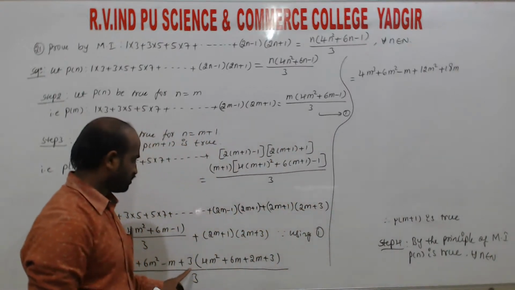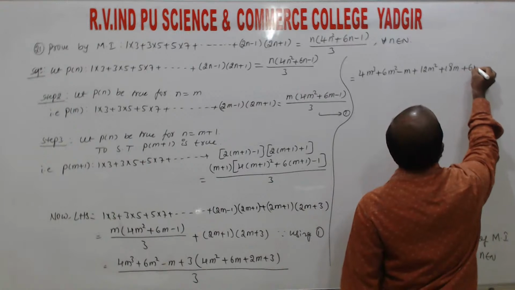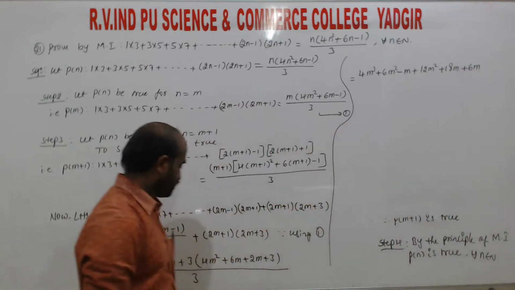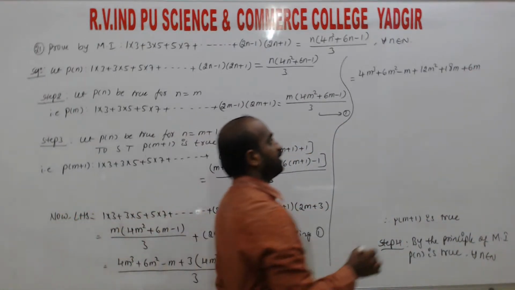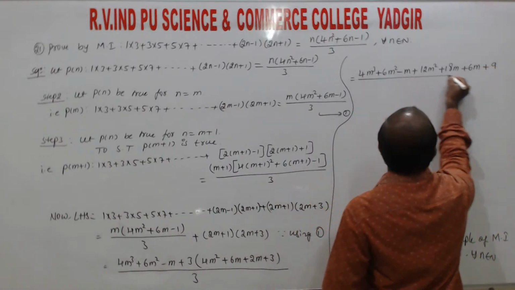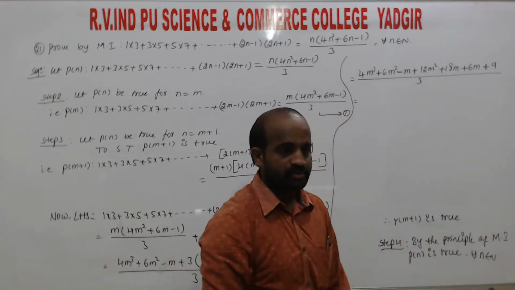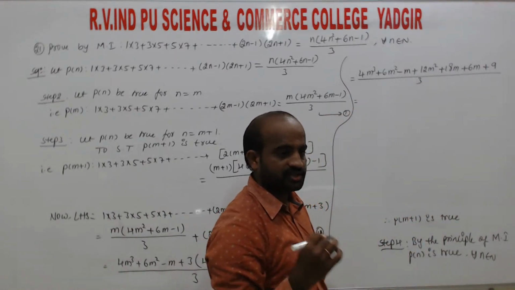Next, 3 into 2, 6m. Next, 3 into 3, 9. Whole divided by 3. Next, separating m cube, m square, m and constant term.